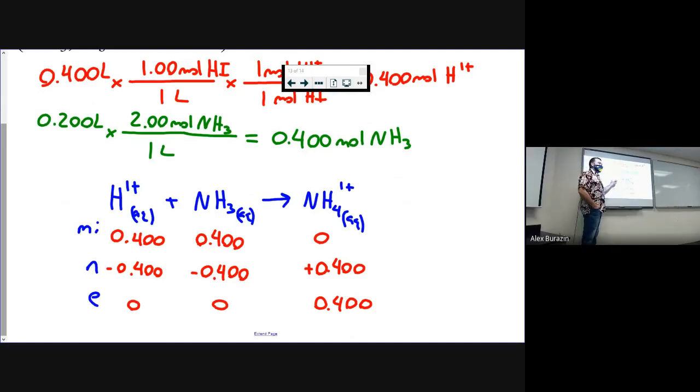What is this? Acid. Base. This is a weak base. Therefore, this is its conjugate acid. If this is weak, what is this? Also weak. Meaning, we have nothing but weak acid in our solution.